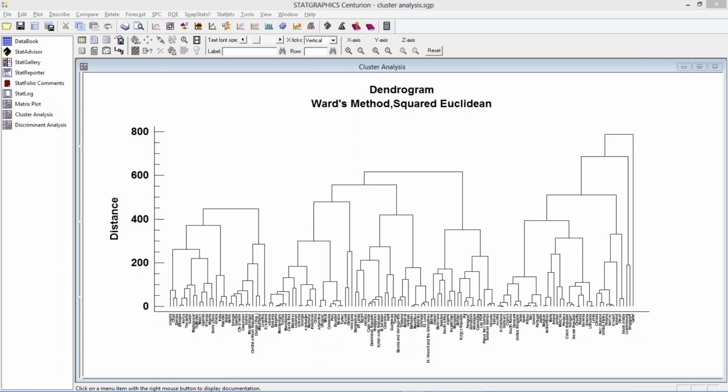You'd probably get almost exactly the same result if you got rid of trade, and that would bring in other countries like Australia that we just found out had a missing value on trade. So I would think it might be a reasonable thing to do, if you did find certain variables that were not weighted highly on either of the discriminant functions, to remove them from the cluster analysis, which could easily then bring in some more of the countries that did have missing variables before. That would seem to be a good idea.